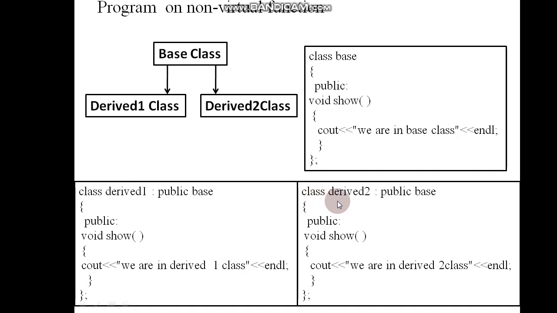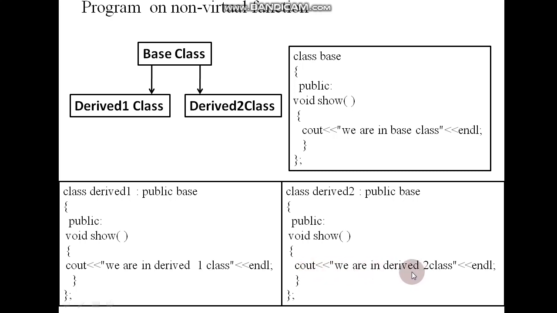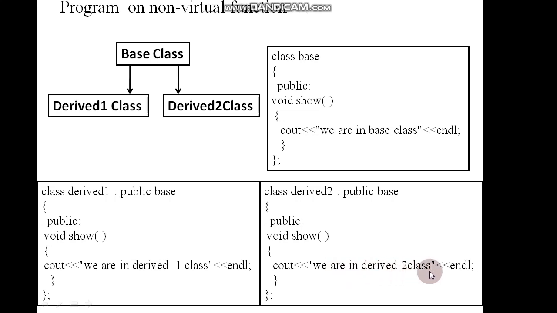When we inherit the properties of base into derived 2, again we are overriding the show function, changing the definition of the show function in this derived class. We display that we are in derived 2 class.